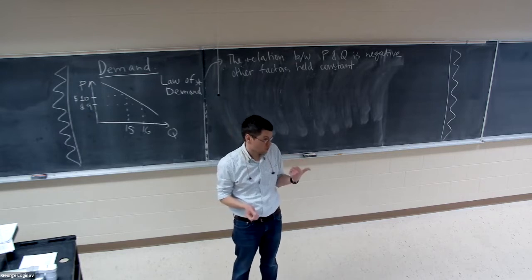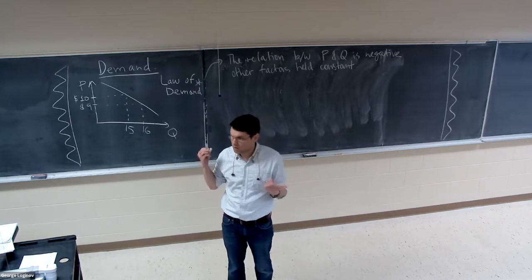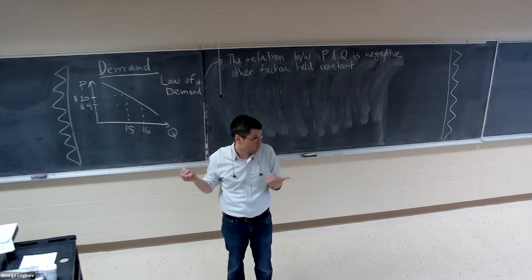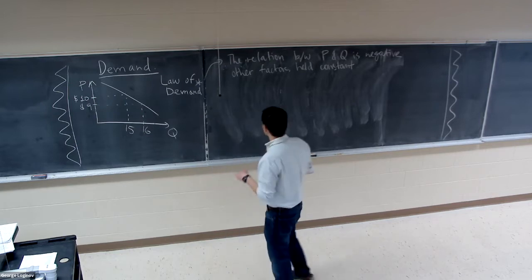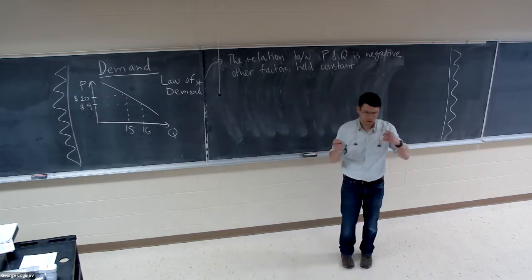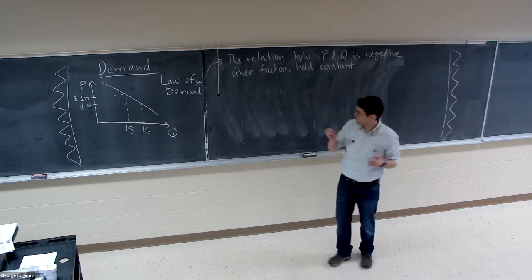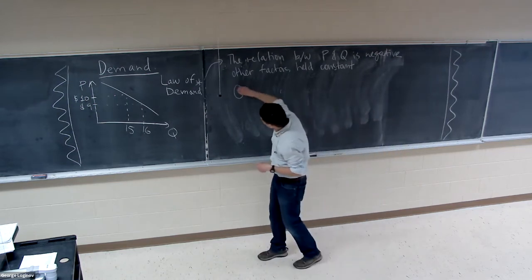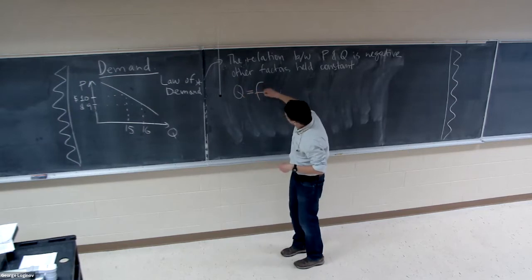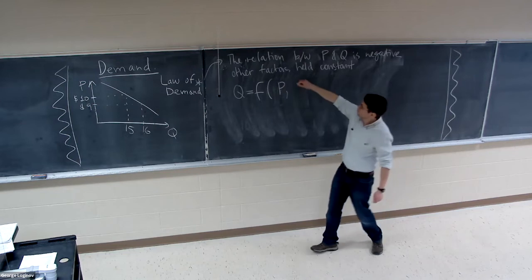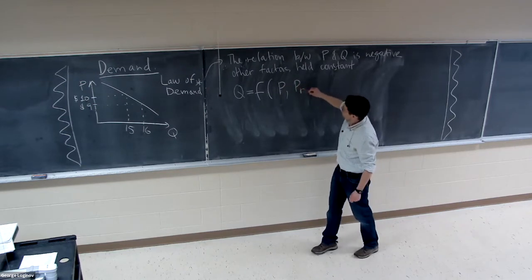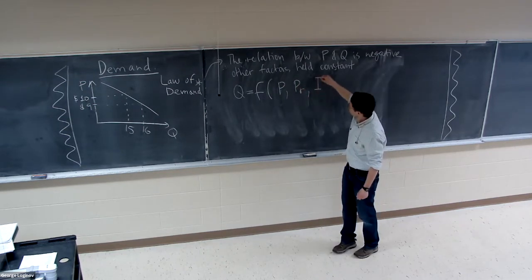If there are alternatives to your product, how are they priced? If there are other things like how much you spend on advertising and whatnot. So now that brings us to a general form of the demand function, which looks something like this. Quantity demanded will be a function of things like the price of your product, price of related products, income, and then I have another variable for all other things.